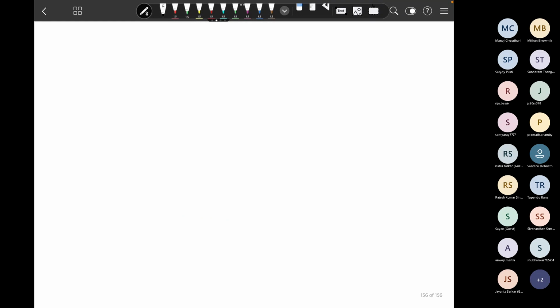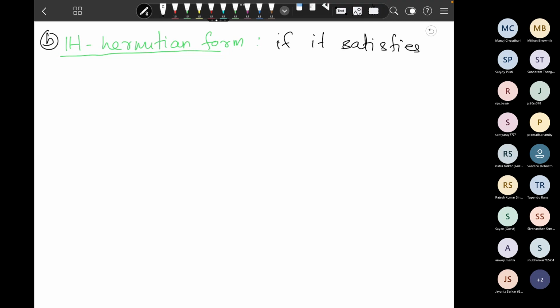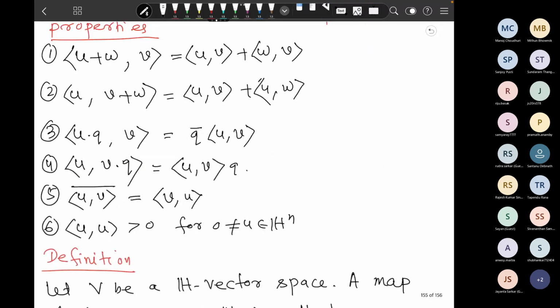So if you satisfy 5 properties, then it is called an H Hermitian form, and the sixth thing is just positive definiteness, which you are adding to the H Hermitian form.